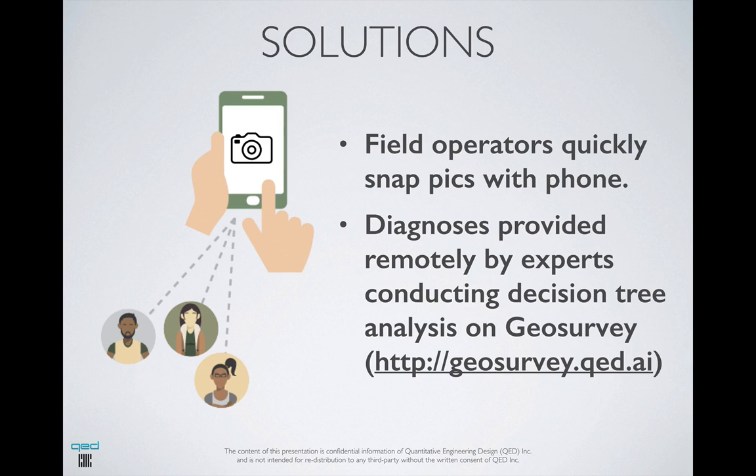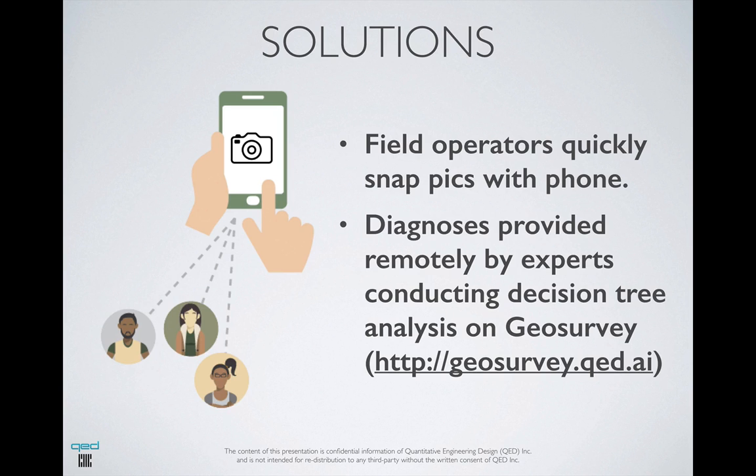So Geosurvey is a crowdsourcing platform that allows people to label any kind of georeferenced imagery, including satellite imagery, but also photos. So the diagnoses can all be provided remotely by experts that conduct decision tree analysis on Geosurvey, and this is the URL for it.